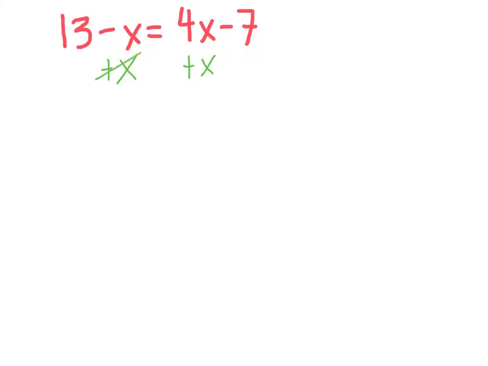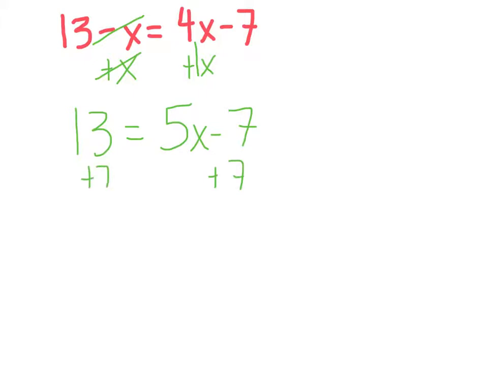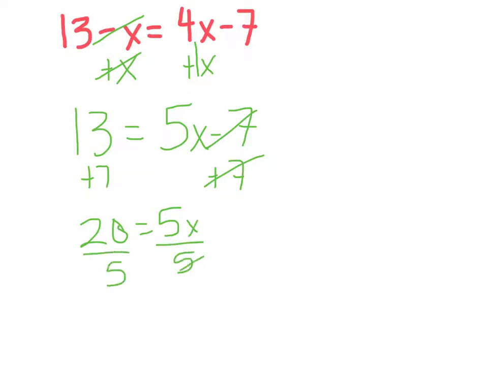You can even put plus 1x if you want. Over here I have 13, and over here I have 5x minus 7. I do plus 7, 20 equals 5x. Divide by 5, and 4 equals x.